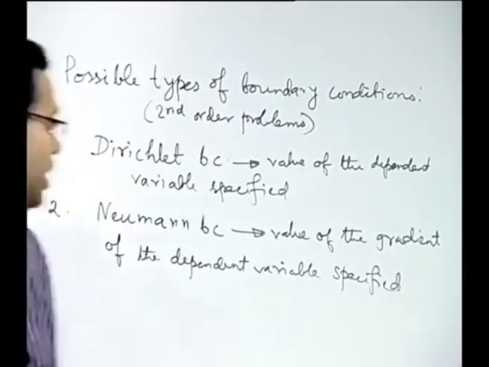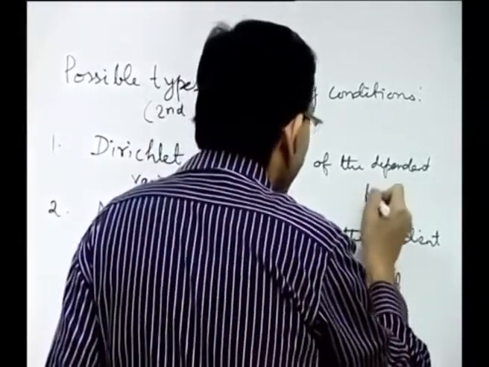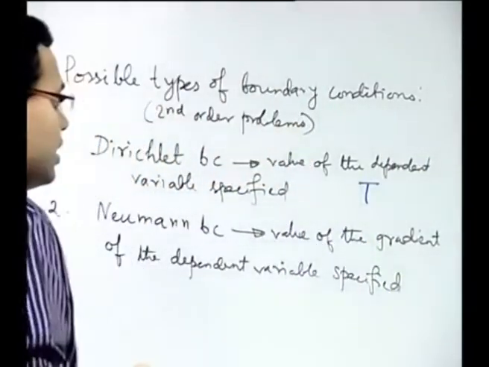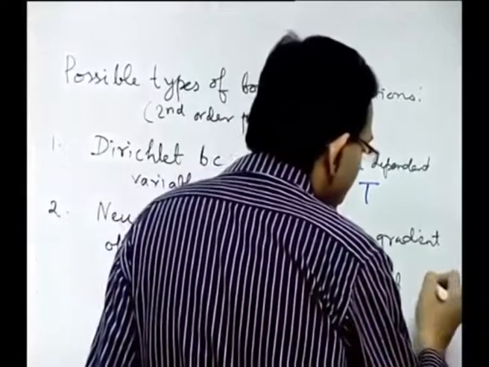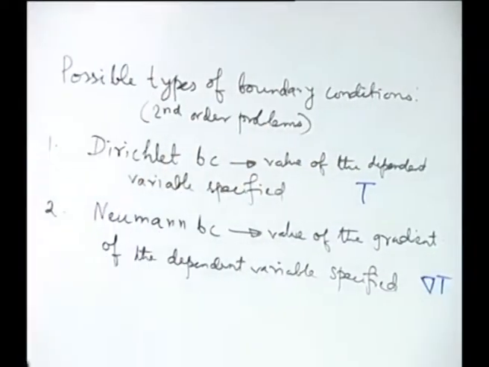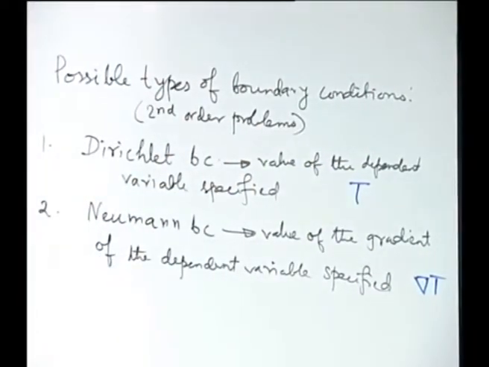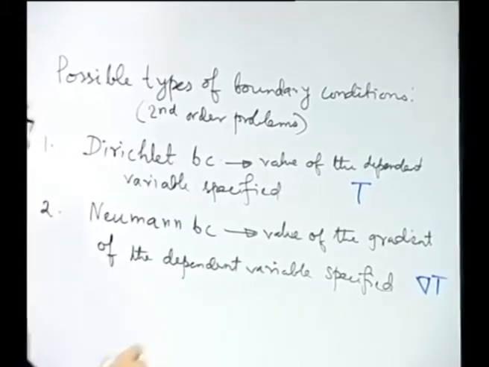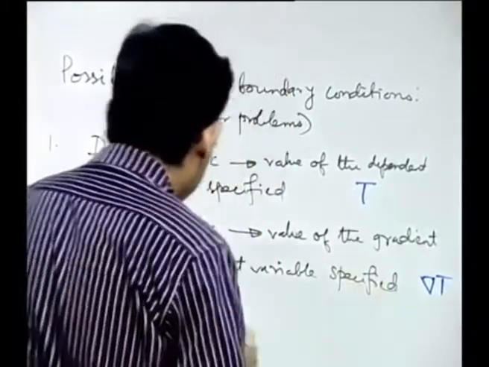So for example, for a heat transfer problem, if the temperature is specified, it is a Dirichlet boundary condition. If the temperature gradient is specified, it is a Neumann boundary condition. That is if the heat flux is specified.